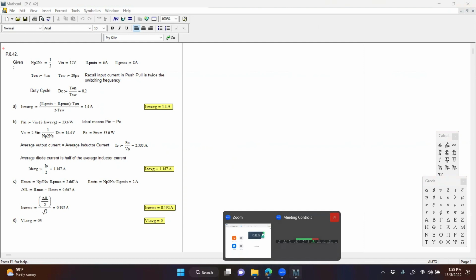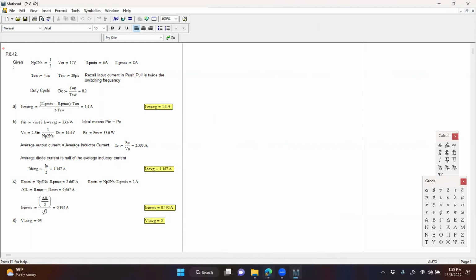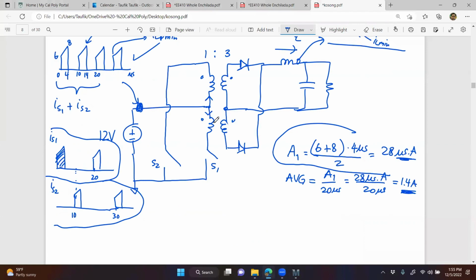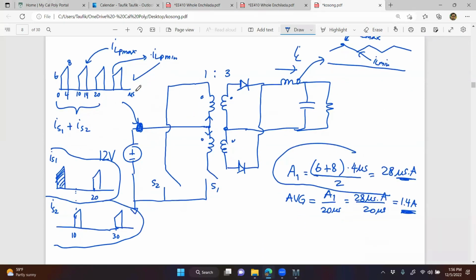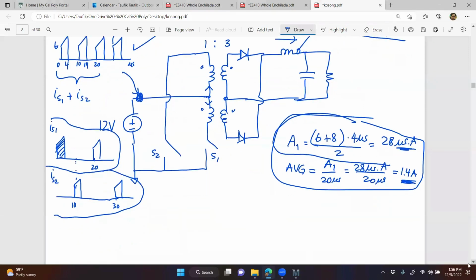Yeah, it was just a misunderstanding, because I assumed that the average current through the inductor, which is what we found, I could apply to part B. But no, I cannot do that. That's why I wanted to talk to you. Again, I'm just naming those points, ILP min, ILP max, and then finding the average value that way, which is exactly the same as what I'm doing here. Okay.